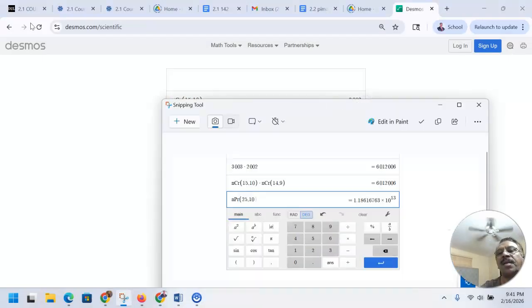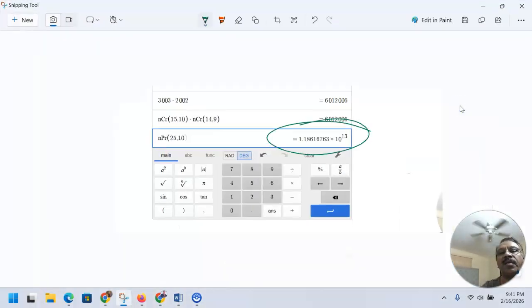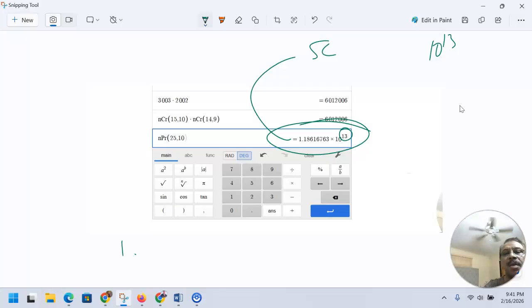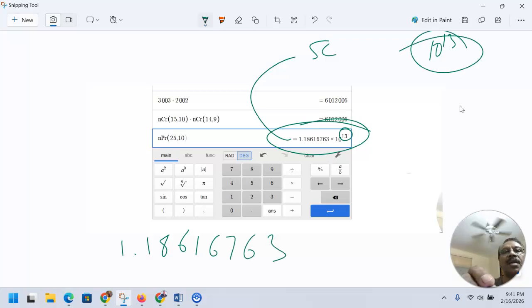Basically, when you multiply this, see, what's this? This is called scientific notation. So what does this 10 raised to 13 mean? You have to move the decimal. So the number is 1.186166763. So you have to move the decimal 13 places to the right.